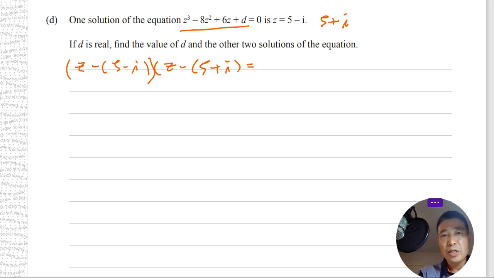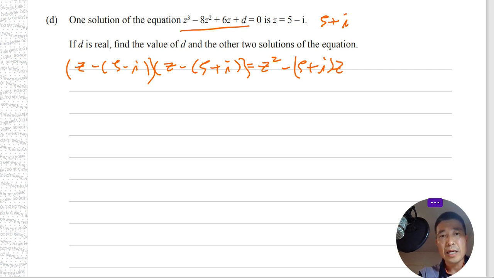I don't suggest you expand all of them, but like z times minus 5 plus i. I'll show you. So first of all, z times z, which is z squared, and then z times minus 5 plus i, which is minus 5z plus iz, right? This is the easier way.